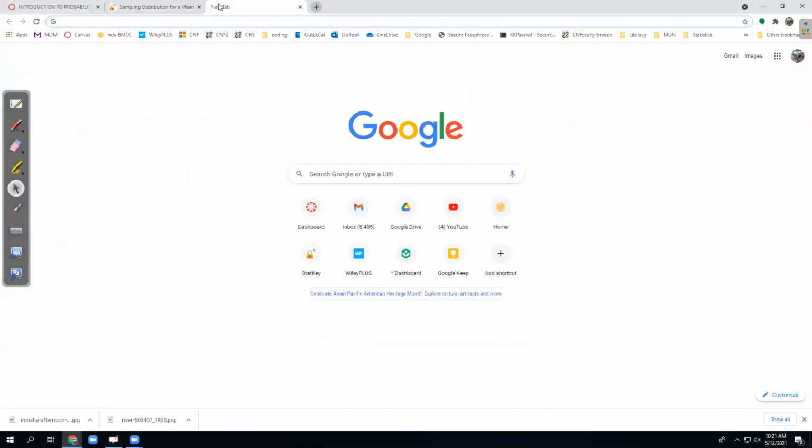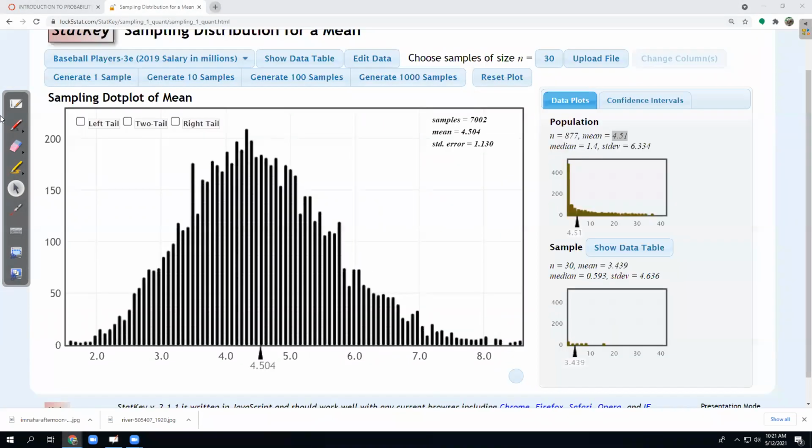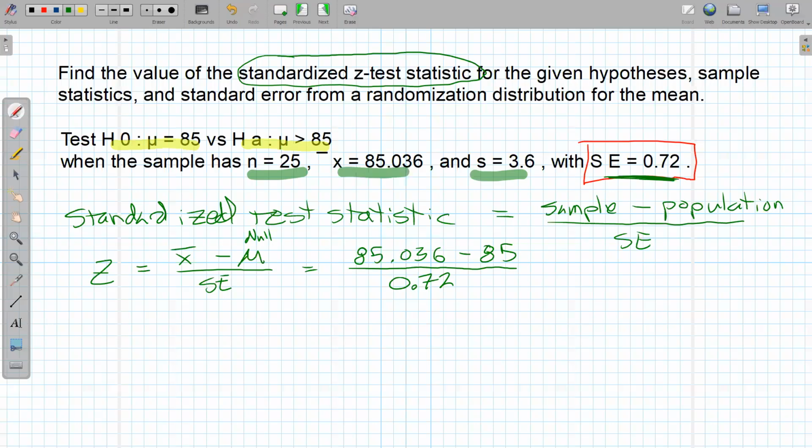And here I just need a regular calculator. So I'm just going to bring that off the side so I can see my numbers again. Double check me on this in case I mistype anything. 85.036 minus 85 divided by, oops, not subtract, divide by 0.72.